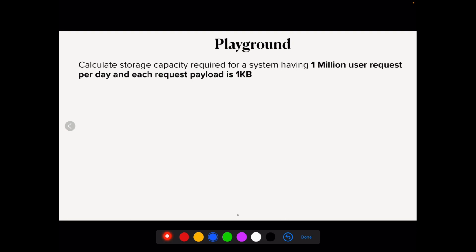Here we have 1 million requests, and we know 1 million is 10 to the power 6. Each payload is 1 KB, which is 10 to the power 3.